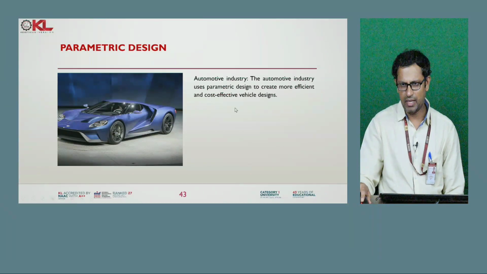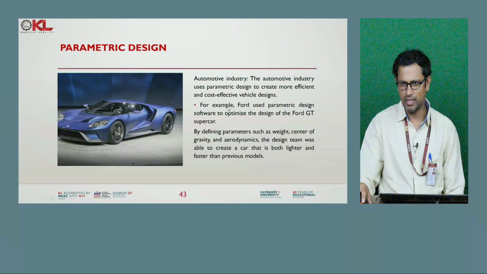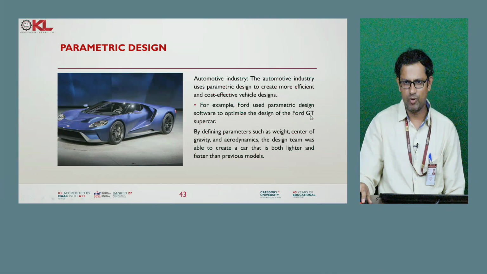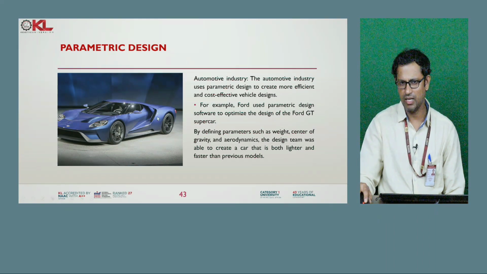In recent times, the Ford company used parametric design software to optimize the design of the Ford GT supercar. They used this parametric design concept to develop and optimize the Ford GT supercar. This is the car for which they used parametric design to optimize its architecture and design.